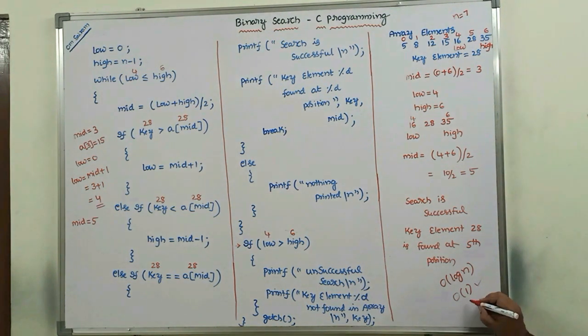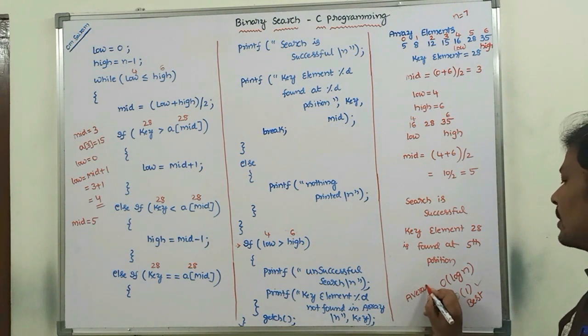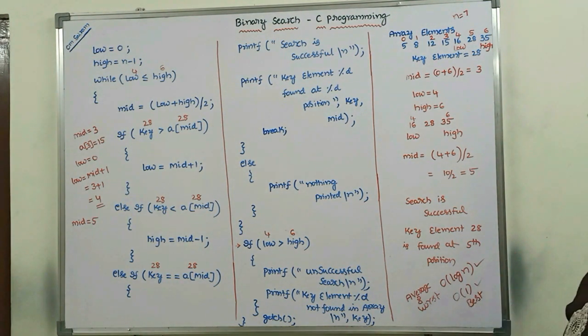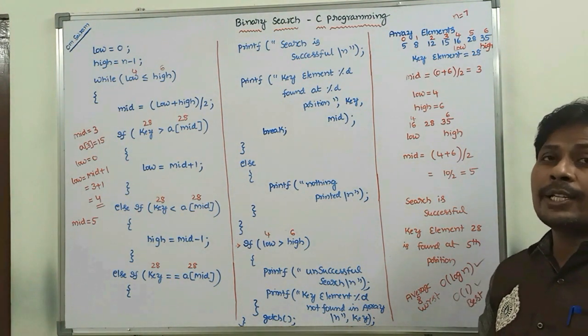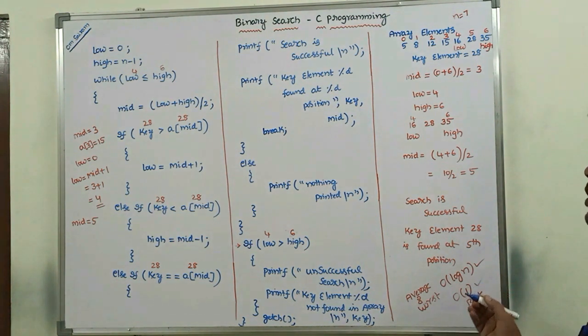So order of 1 is the best case, and order of log n is the average case and worst case. So the time complexity of binary search is order of log n. So this is the binary search program with the example, tracing and the time complexity.